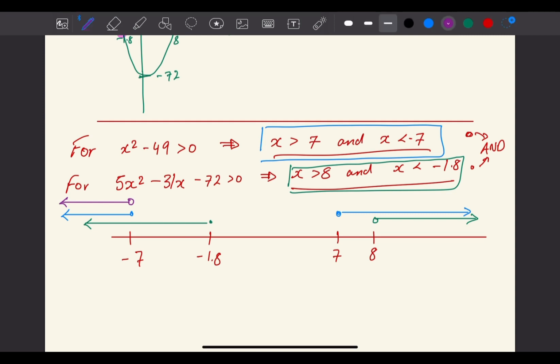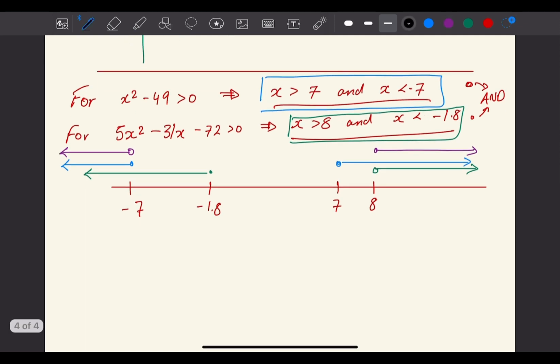It needs to satisfy both x is less than minus 7 and x is less than minus 1.8. Now here, x is greater than 7 and x is greater than 8. Well, x can't be greater than 7 and 8 at the same time, but it can be greater than 7 if it's only greater than 8, if that makes sense. So that's the set of values of x that we need here.